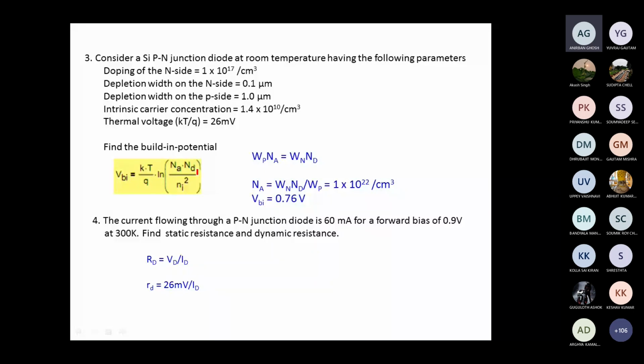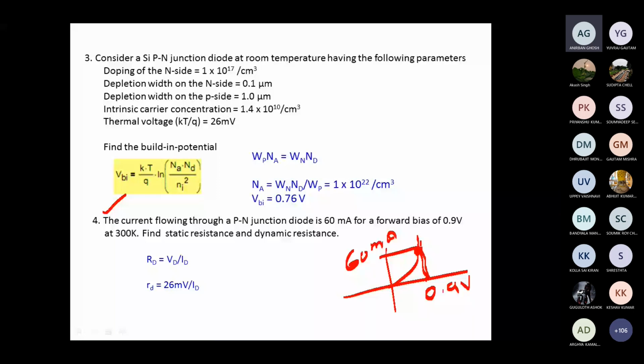Now the dynamic resistance. In this one you see, the current flowing through a PN junction diode is 60 milliamp for a forward bias of 0.9 volt at 300 K, that means room temperature. So what is given? A point on the ID-VD characteristics: 60 milliamp and 0.9 volt. That is my operating point.